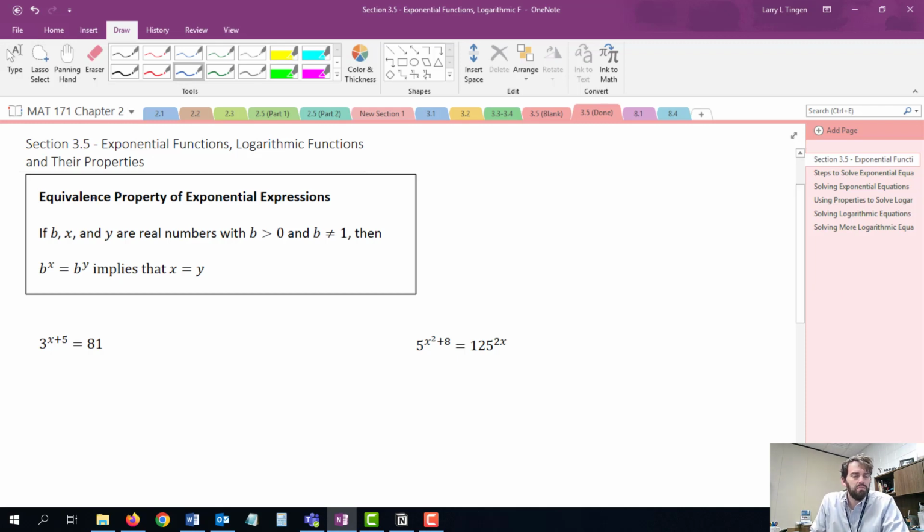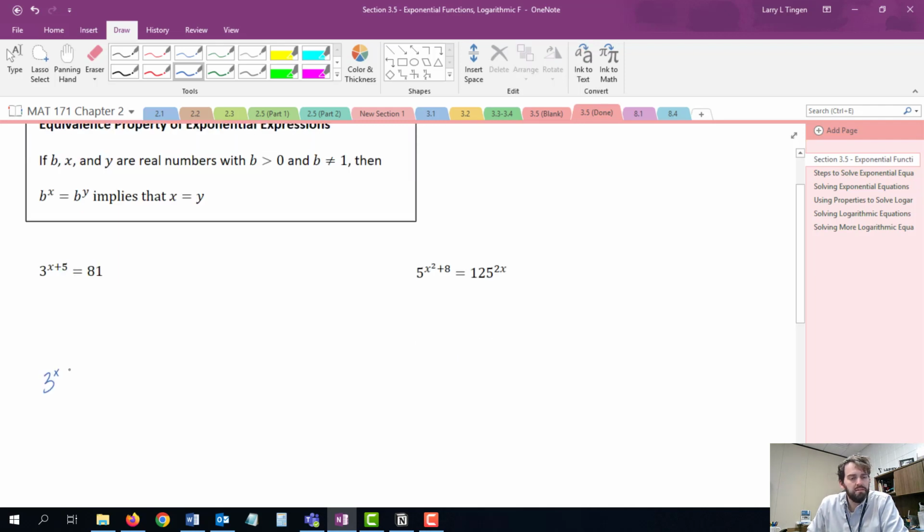We have 3 raised to the x plus 5 is equal to 81, and the property I want to use is the equivalence property of exponential expressions. So that means I need the same base. 3 is going to be the base that I like, because 81 can be rewritten as 3 to the 4th.